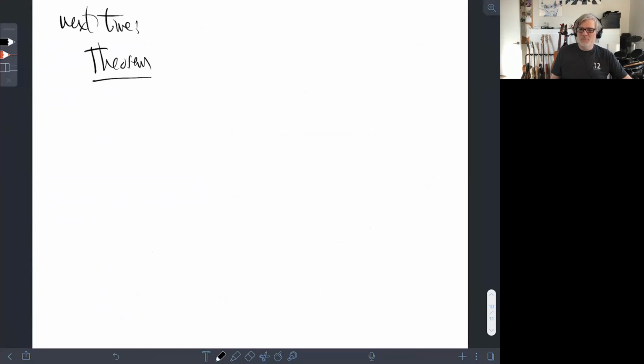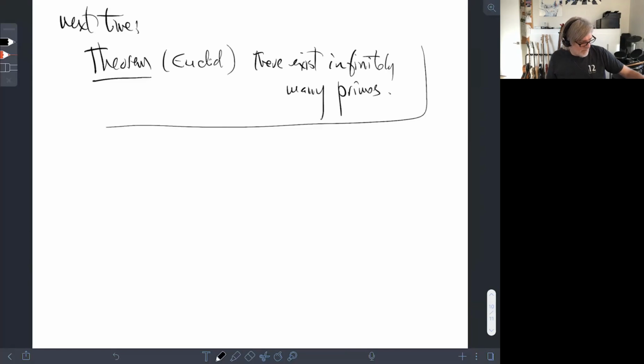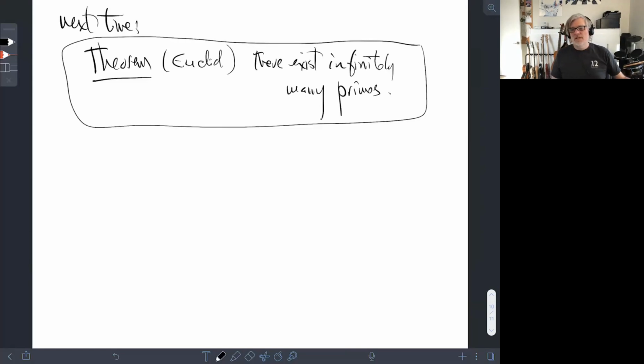And it's super important for today's cryptography and for the web. It goes back to Euclid: there exist infinitely many primes. I'm going to prove that next time. It's a very, very nice proof.